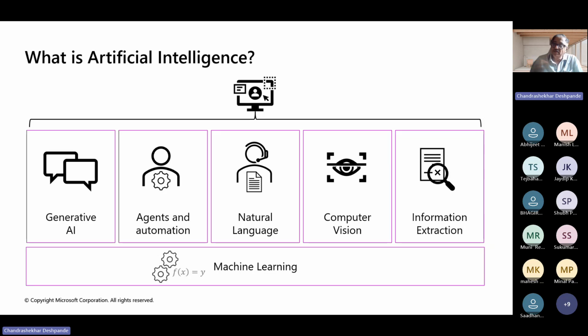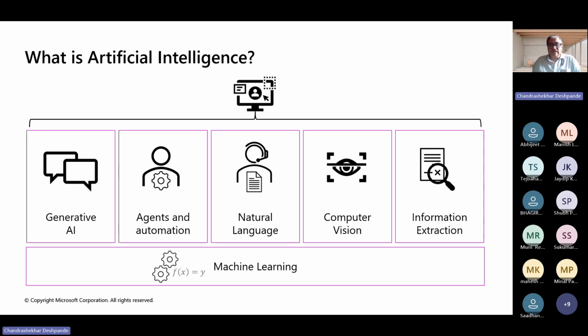So generative AI services are there, NLP services are there, computer vision services are there, information extraction services are there, and obviously, automating or orchestrating your enterprise workloads is called agents and automation. So your enterprise and business workloads can be automated using agents and automation.